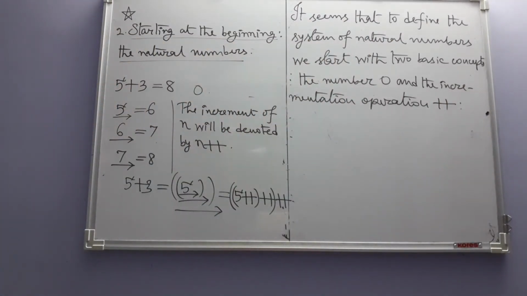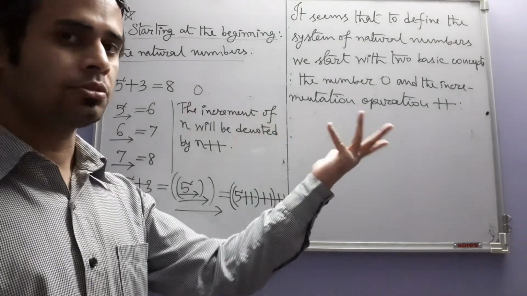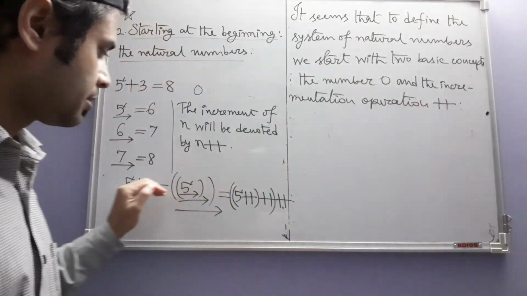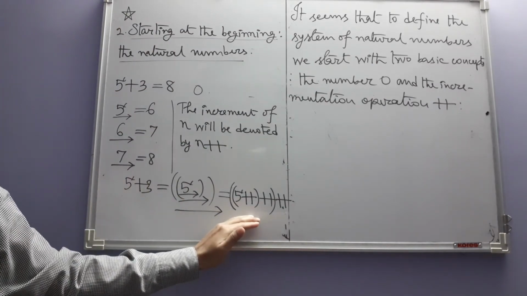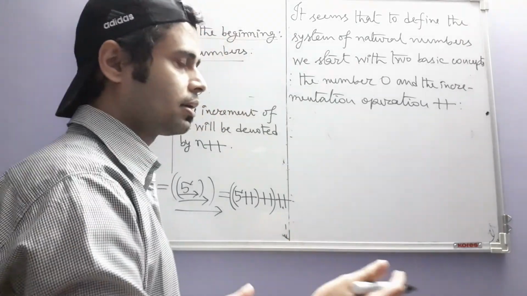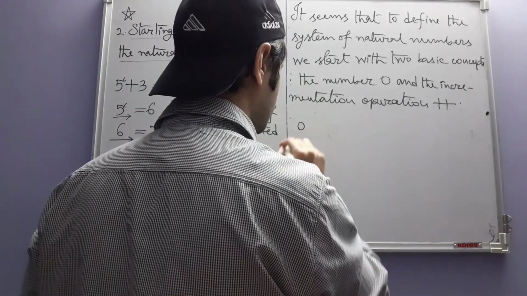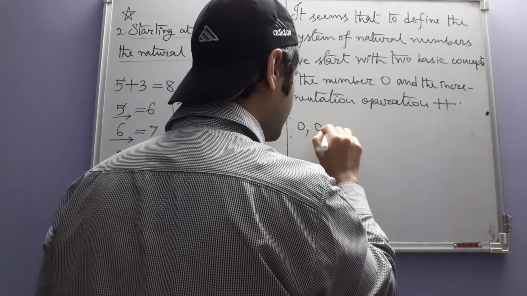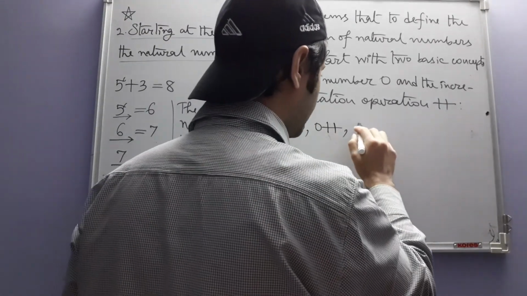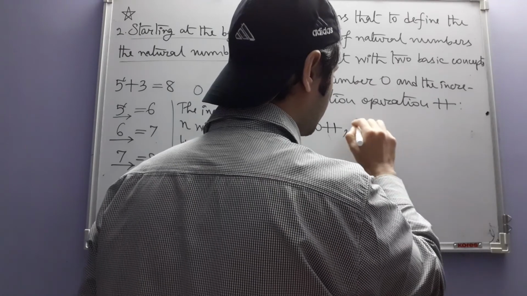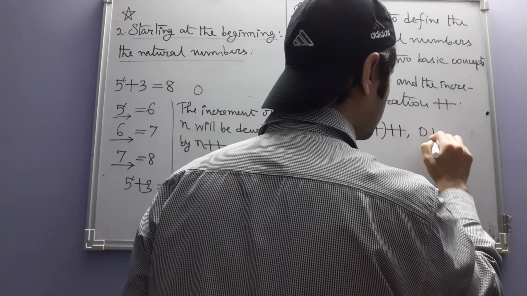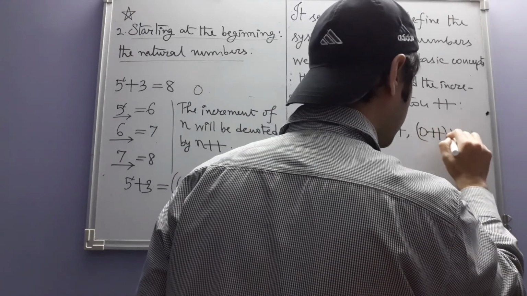So to define the system of natural numbers, we will use these two things, the number 0 and the incrementation operation. And the discussion that we have had here seems to suggest that the natural numbers are these: 0, then the number next to 0, then the number next to that, and so on. The number next to that.